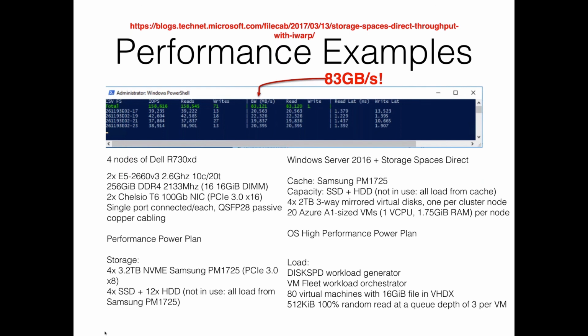Which then, when we lash it all together with Storage Spaces Direct and then run virtualized load, this is 80 VMs doing sequential scanning across content they have inside their VM storage.